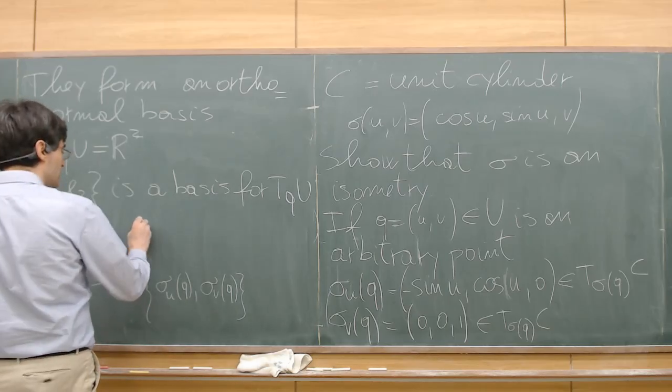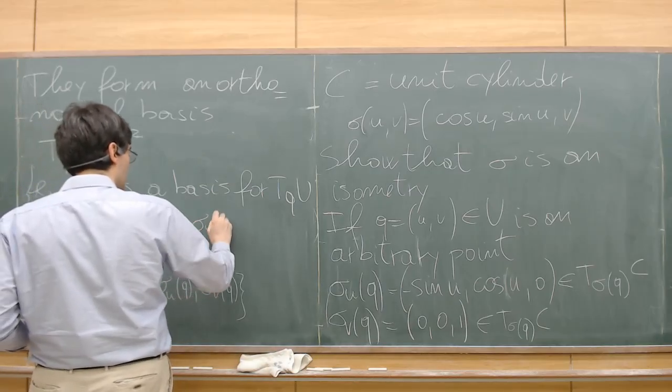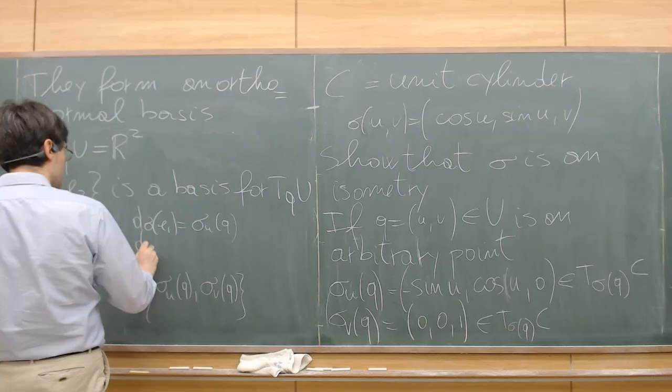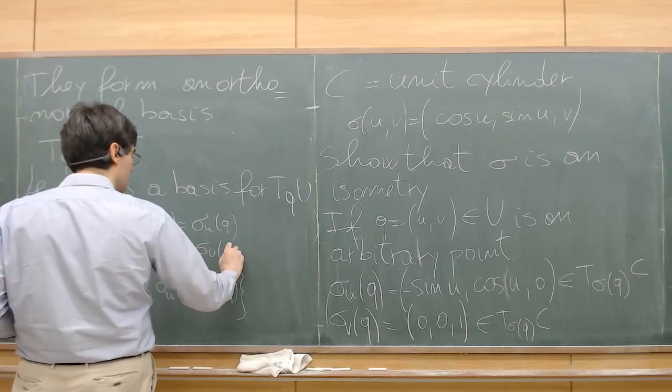Why? Because d sigma e1 is sigma_u at q, and d sigma e2 is sigma_v at q.